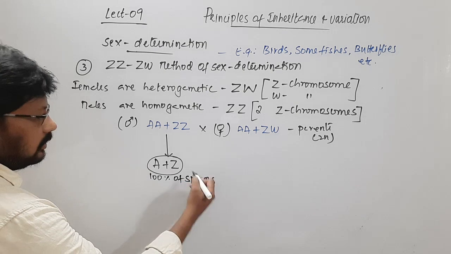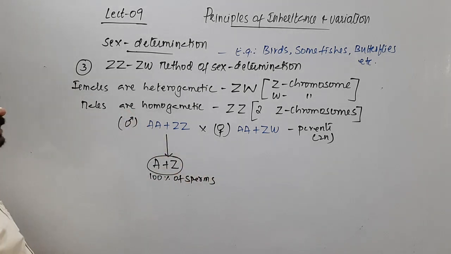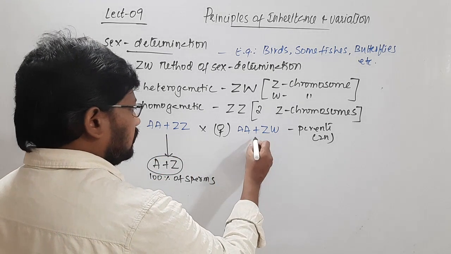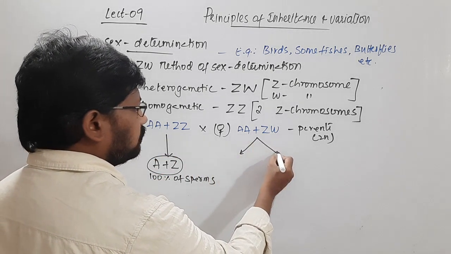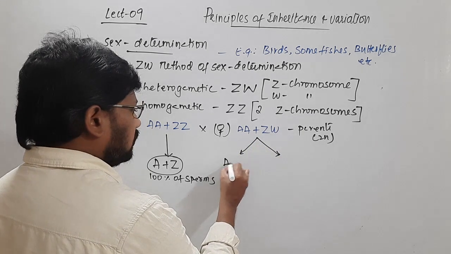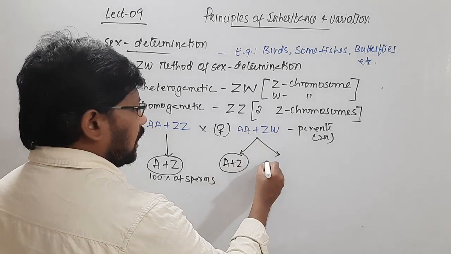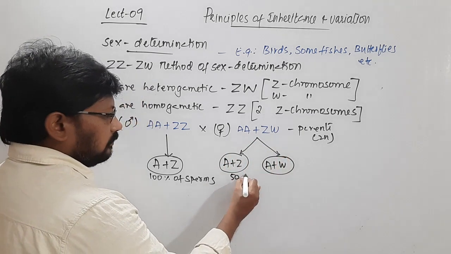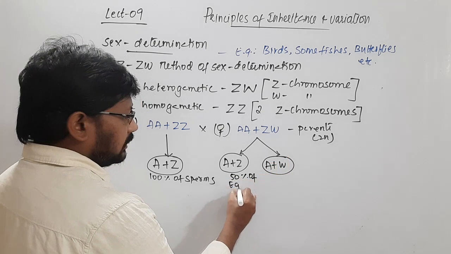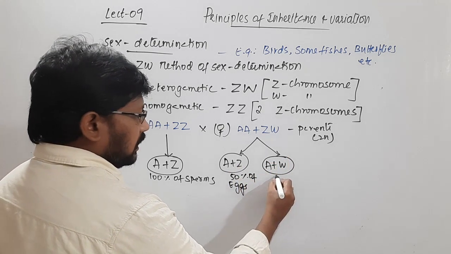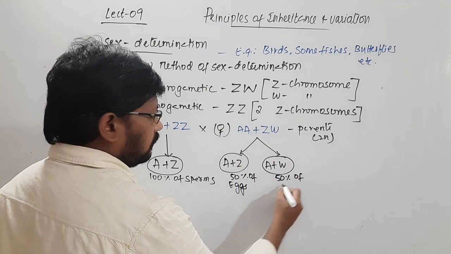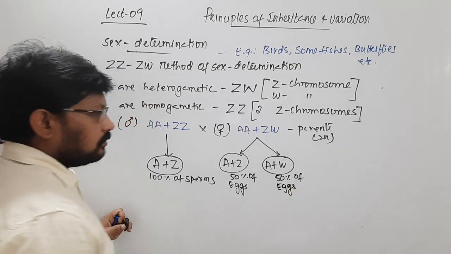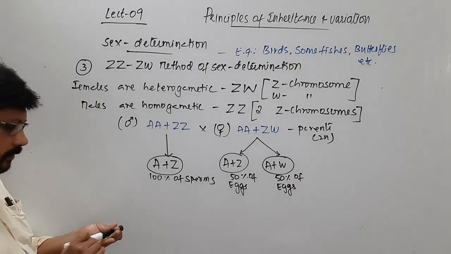That is the reason why I mentioned that males are homogametic. And coming to females, they are going to produce two types of gametes, one with the Z chromosome and one with the W chromosome. So 50% of eggs will have the Z chromosome and 50% of eggs will have the W chromosome.